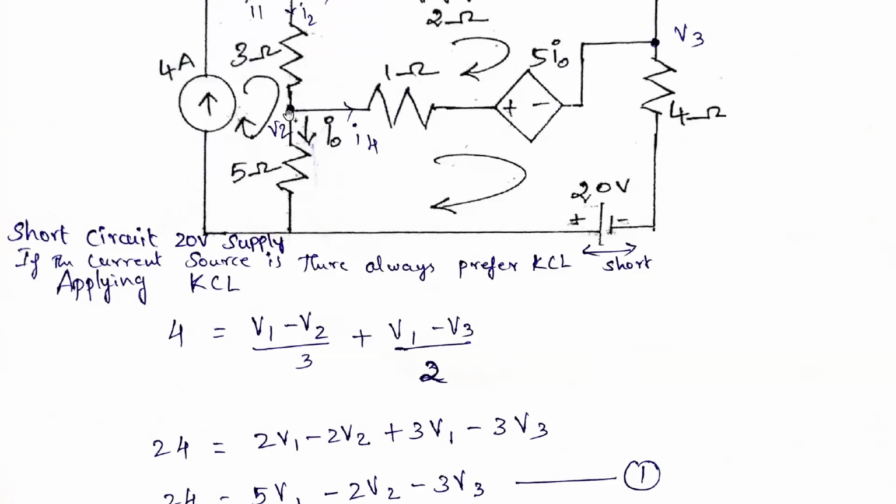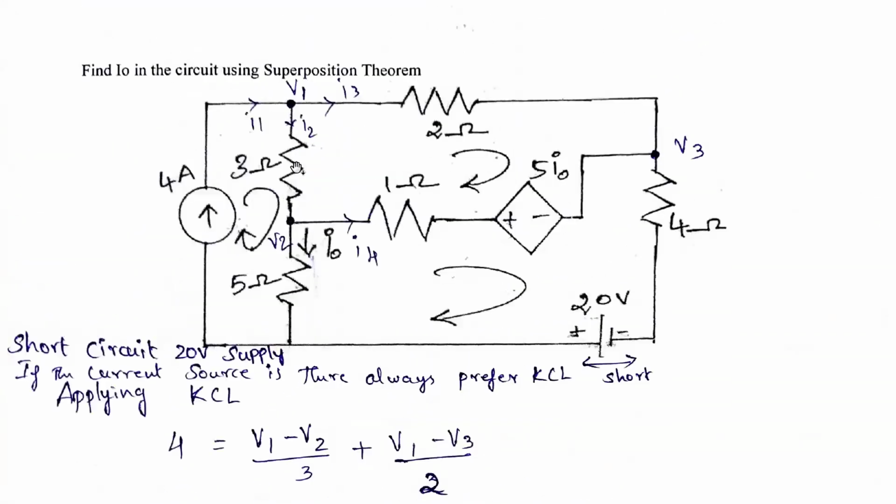Next, at this node we apply Kirchhoff's current law again. Here I2 is coming inside, and I naught and I4 are going outside.